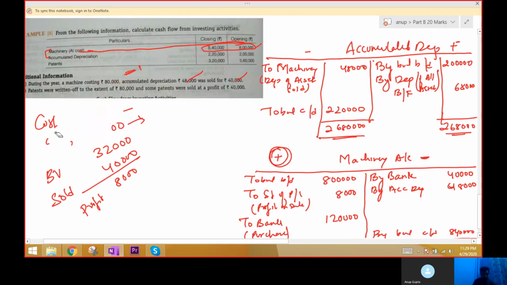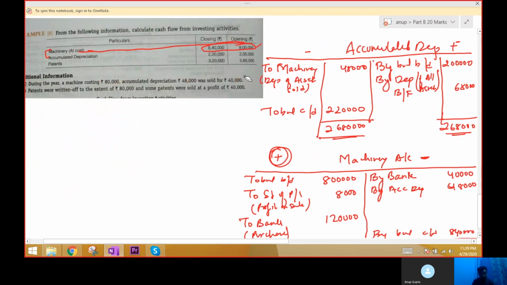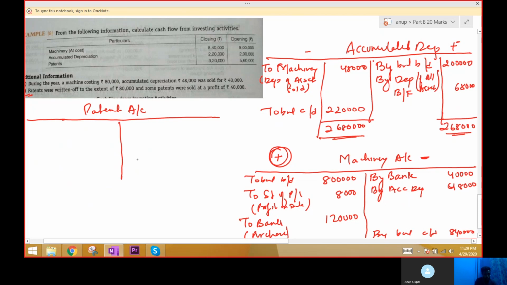Now let us make the patent account also, because if any information about a fixed asset is given in the adjustments, we make the account directly.